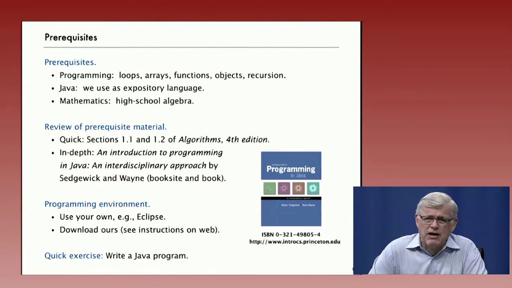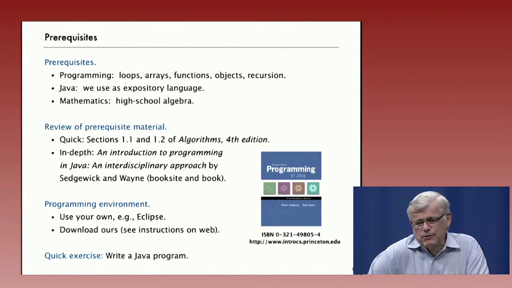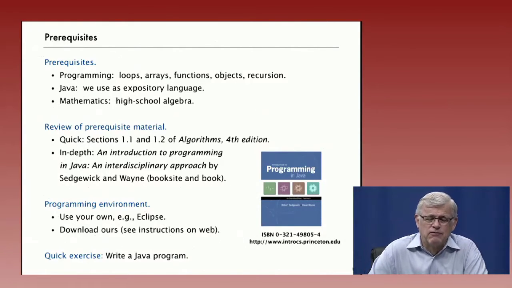But the bottom line is you should be able to program. And a quick exercise to get ready is to write a Java program on your computer, perhaps using our programming model as described on the book site. We'll provide much more detailed information on that as we get into the assignments. You can use your own programming environment if you're comfortable with one, or you can download ours. We have instructions on the web about how to do that.